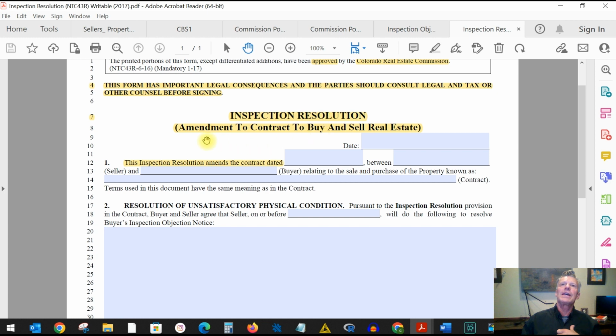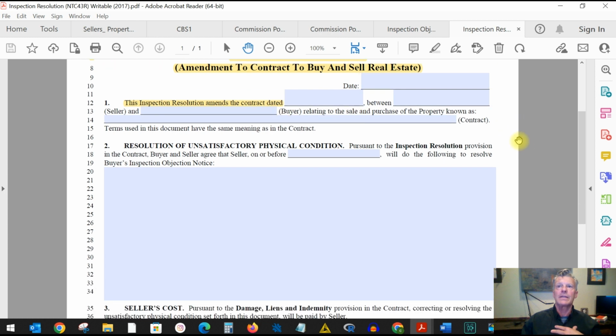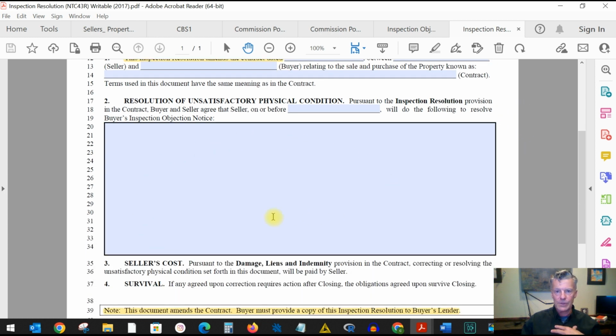Inspection resolution, amendment to contract to buy and sell. This is the thing that gets attached directly to your contract if you get this all worked out. They talk a little bit here about what the contract is. Here's your resolution.